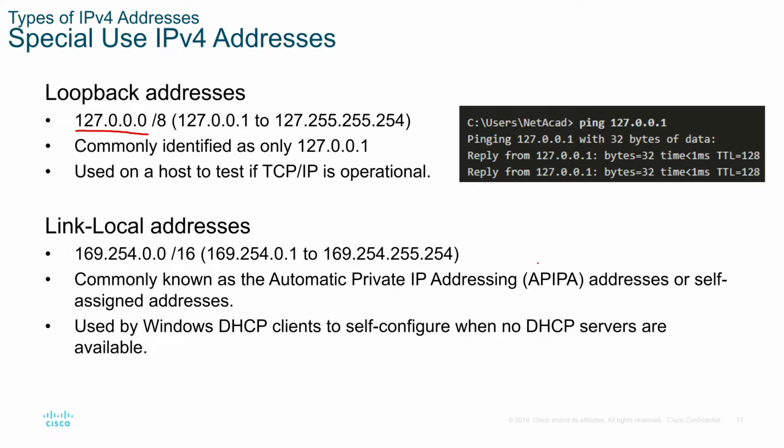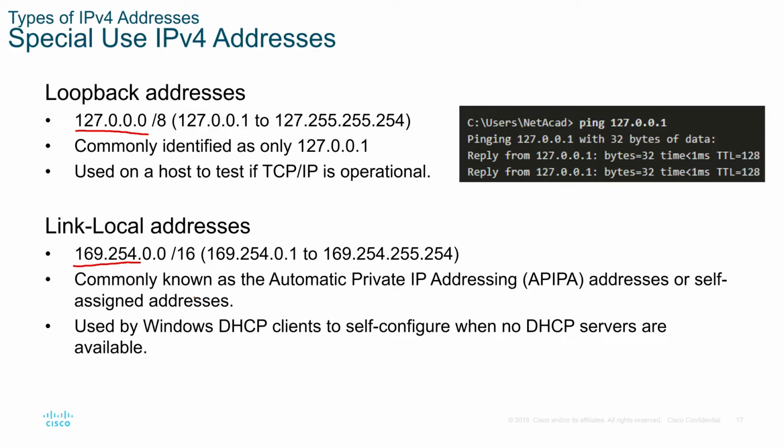We also have a link local address. You'll see this much more in IPv6. A link local address begins with 169.254. You may have noticed if your computer does not have a network connection, the network card will be assigned a link local address in this 169.254 range.